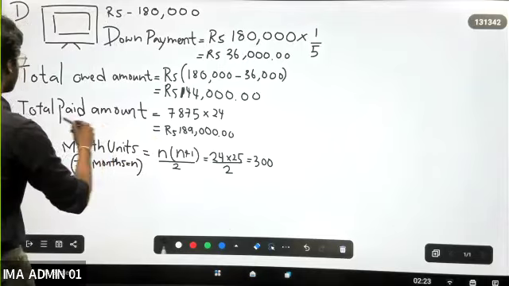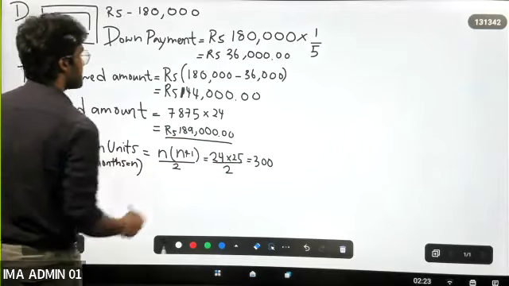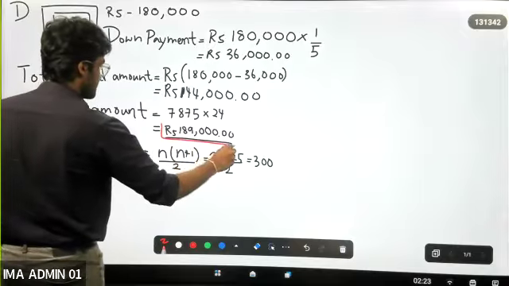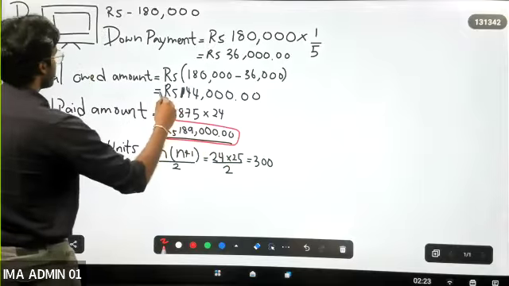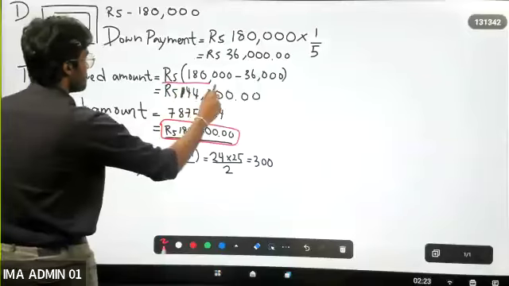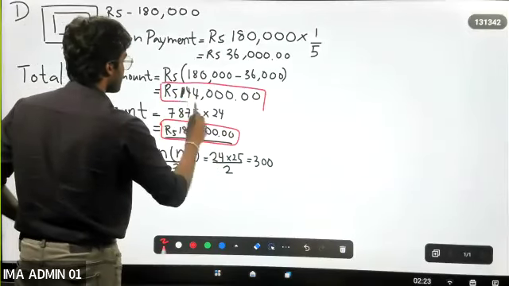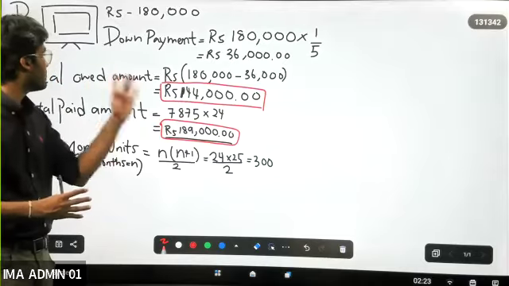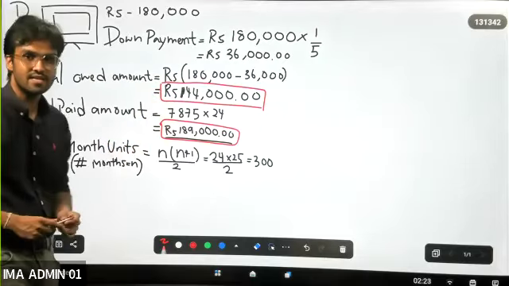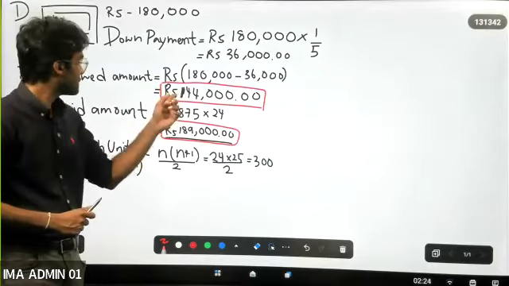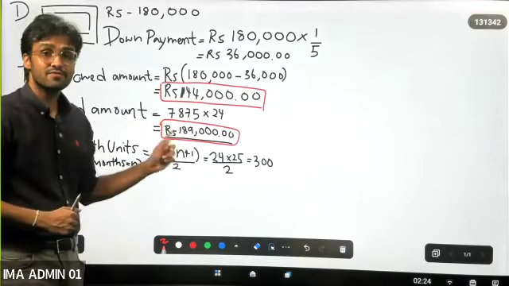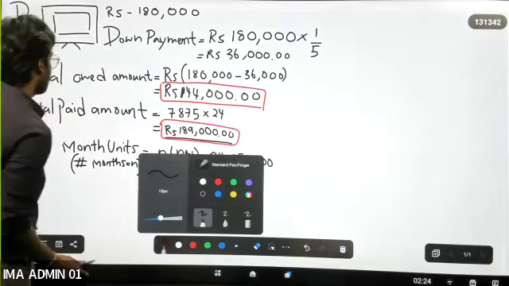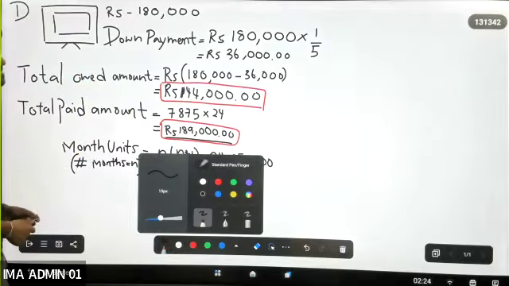Now we know that total paid amount is this. I will highlight in a different color. Total paid amount is this, but the actual owed amount is this. We know how much he paid in total and how much he actually owed to that company. So then we could find out the total interest for this person. What's the total interest then? Total paid amount minus owed amount. That's the interest.